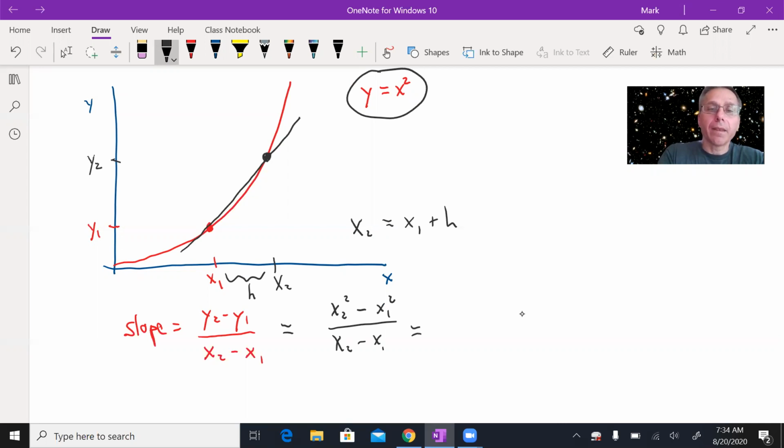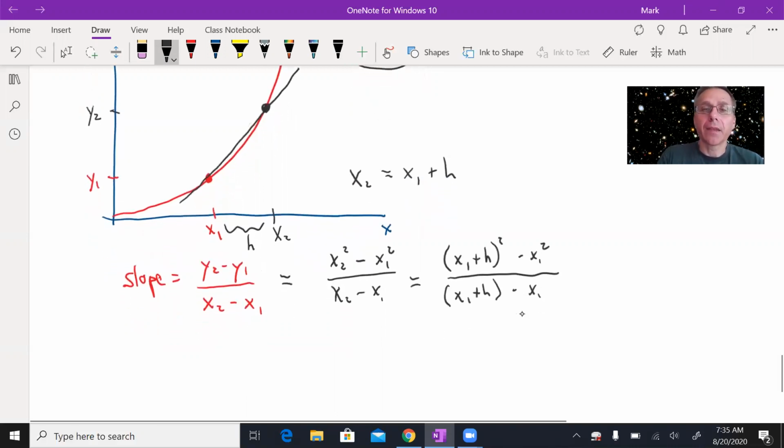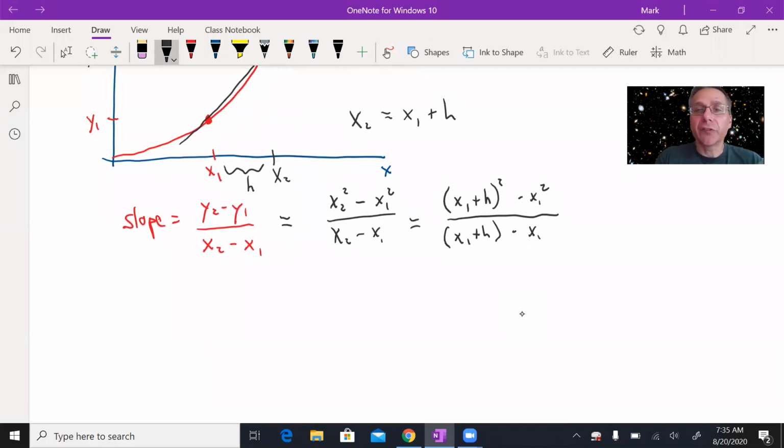And now x2, I'm going to substitute in x1 plus h, and we have to square that, minus x1 squared. And in our denominator, x2, I'm going to substitute in x1 plus h, and we have minus x1. Okay, I'm just substituting using our function.